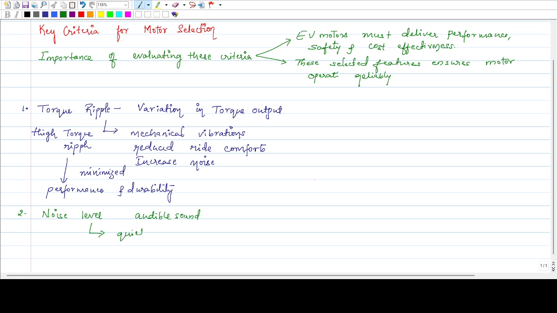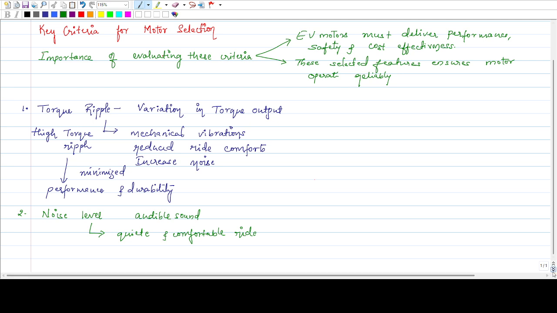This is one of the major selling points of EVs, because most consumers expect cars to have a very quiet sound, or as little sound as possible, because that again is a criterion for evaluating the comfort of the vehicle.